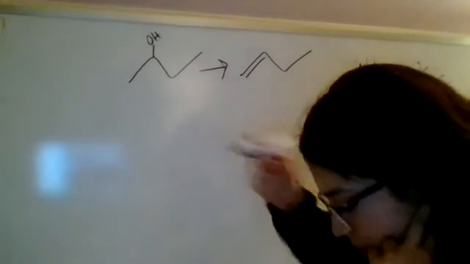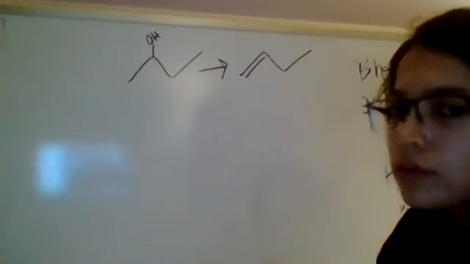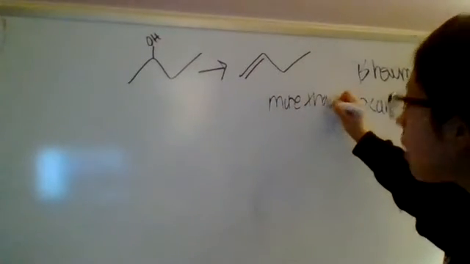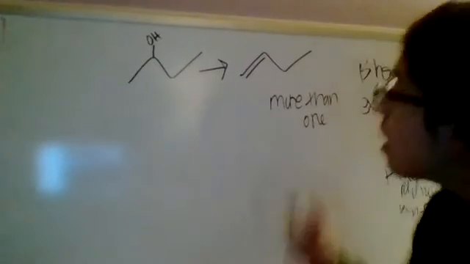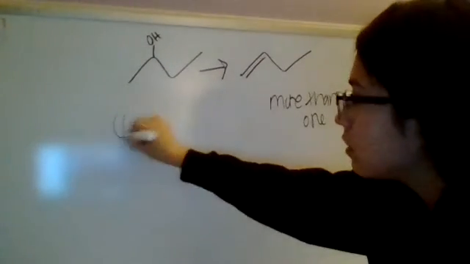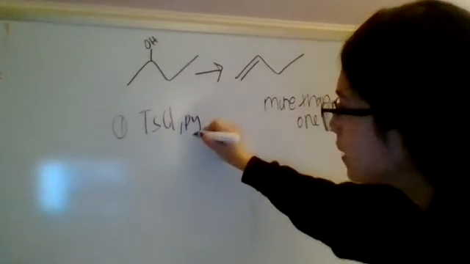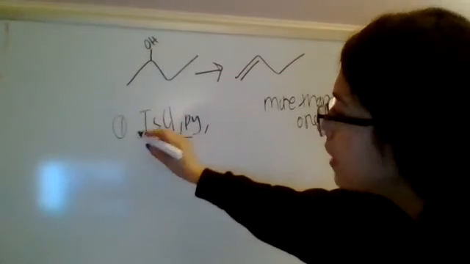Okay, so what makes this, the 2, I chose, I think one of the options for this one was more than one. And I think this is one I got wrong because he was being a dick and saying you should know it's a major product. But I think the right answer was a tosylate with pyridine, and that was step 1.